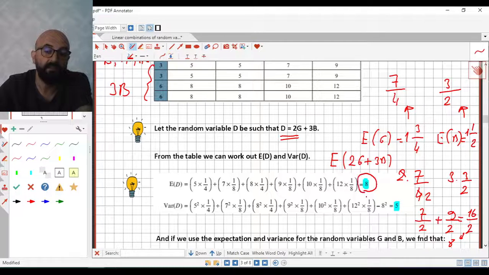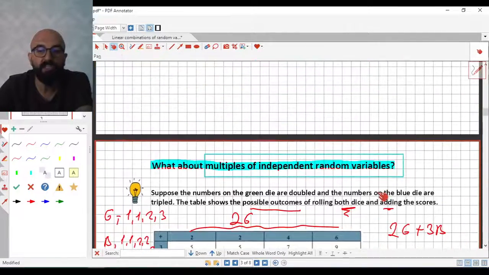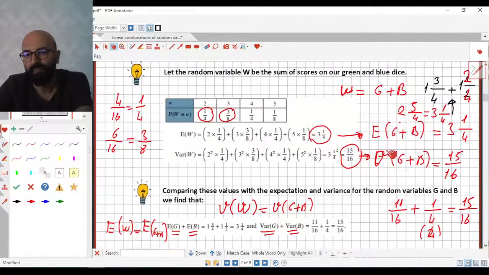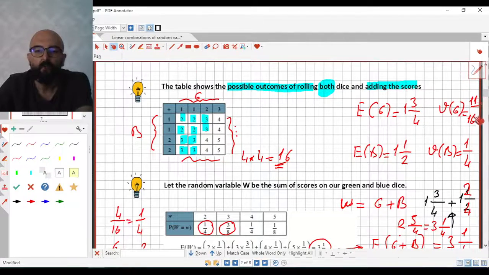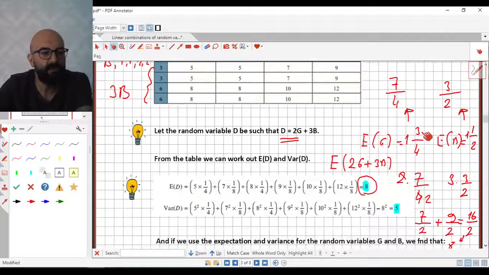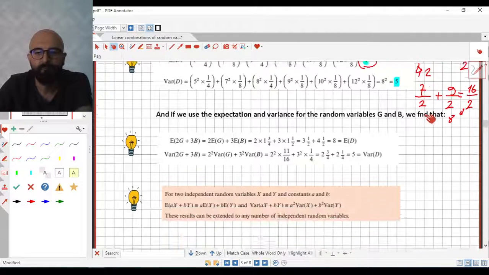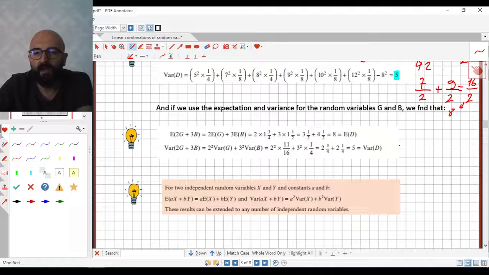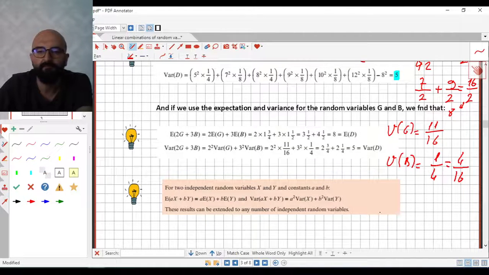So it's the same value. As you remember, the variance of G is 11/16 and the variance of B is 1/4, which I can write as 4/16.